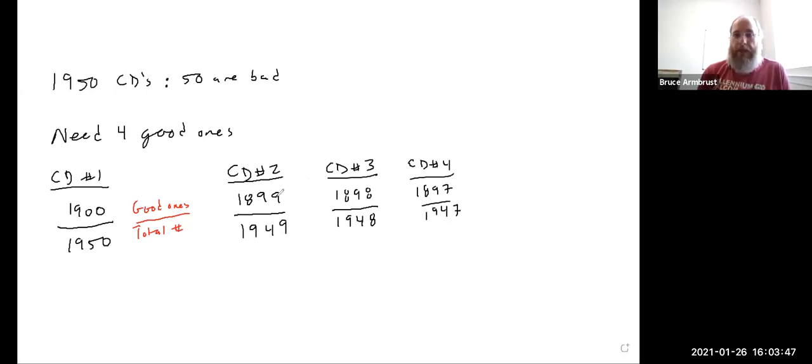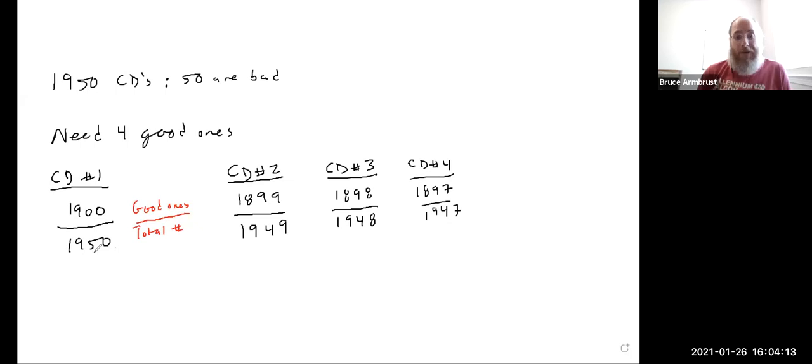If we were replacing, the numbers would not change, right? I pull out that CD, I test it. Hey, it works. I put it back in, and I still have the full number of CDs. I still have the full number of good CDs. And so that probability would not change. But this is because we are not replacing. We're changing our probabilities.